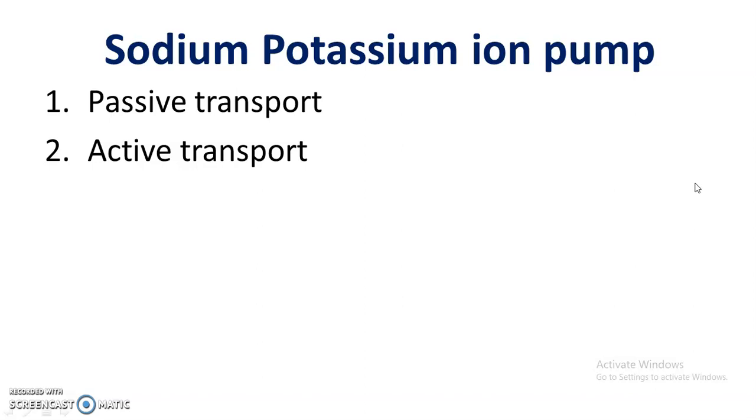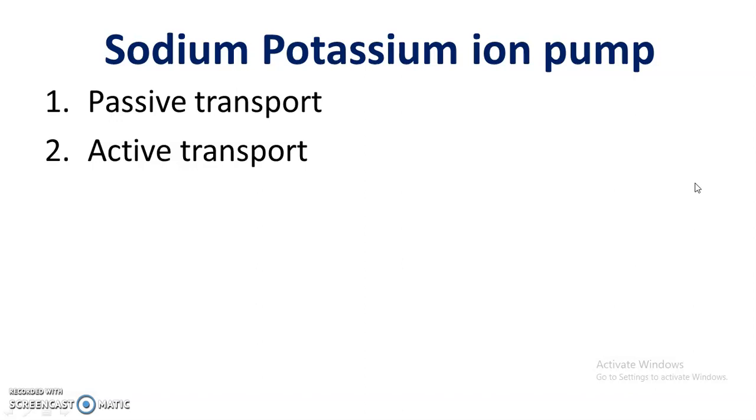The energy required to drive the pump is provided by hydrolysis of ATP, adenosine triphosphate, by a specific enzyme known as ATPase. The sodium and potassium ion ATPase is a tetrameric protein.